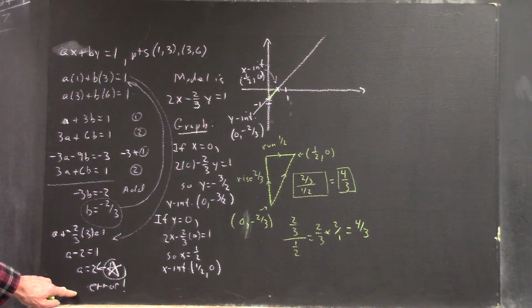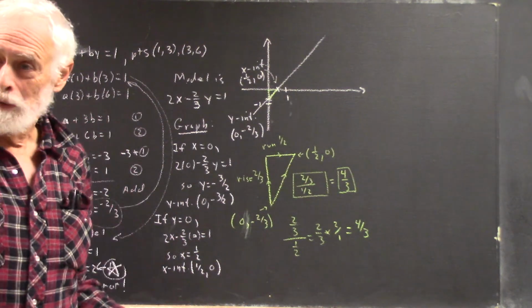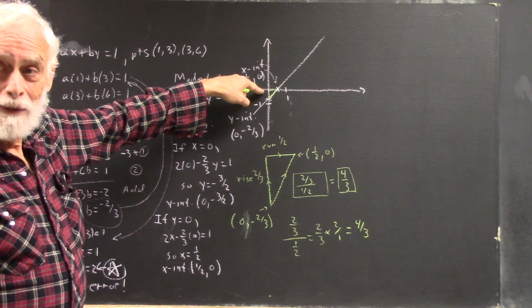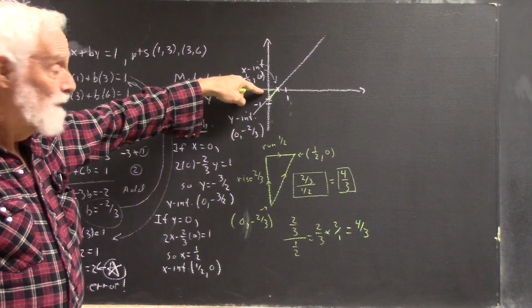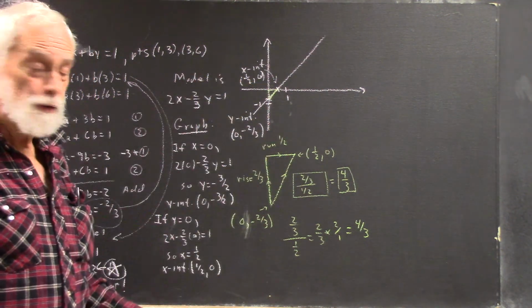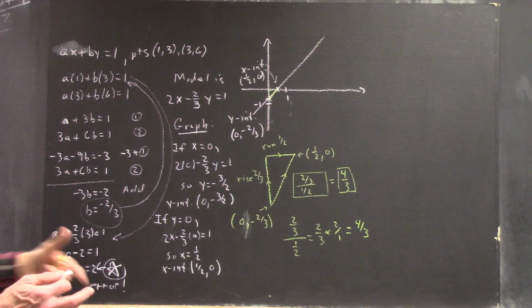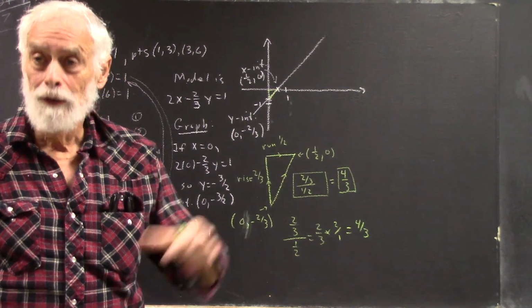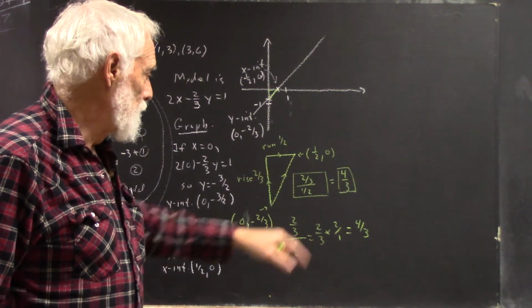Okay? So I pretended to see an error here, so you would see how in checking this thing out with the original data, it doesn't work. I get the wrong slope here. I didn't really pretend, but let's go ahead and make something out of my error. So I wanted to check and make sure I had the right slope, because the slope here has to match the slope of the original. And the slope between the original 2 points is clearly 3/2. Points are (1, 3) and (3, 6). Okay, run is 2, rise is 3. And that's not what I got here.